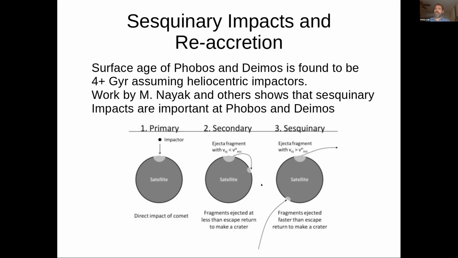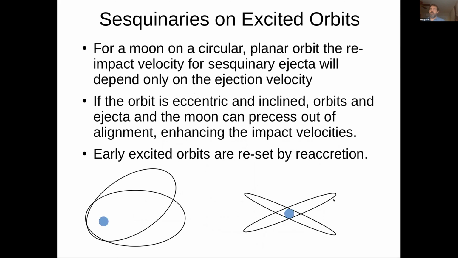But especially for satellites of giant planets, but also works for Mars, you have sesquenary, which is Latin for 1.5 order impacts, where material is ejected off the satellite, but it's still orbiting the planet and has a good chance of coming back. And these impacts have higher velocity than they would if they were suborbital. The speed at which sesquenary impacts hit the satellite back depends on how messed up the orbit of the satellite is.